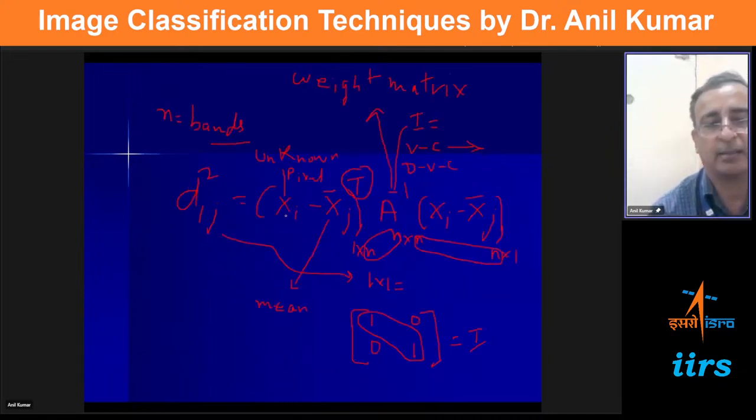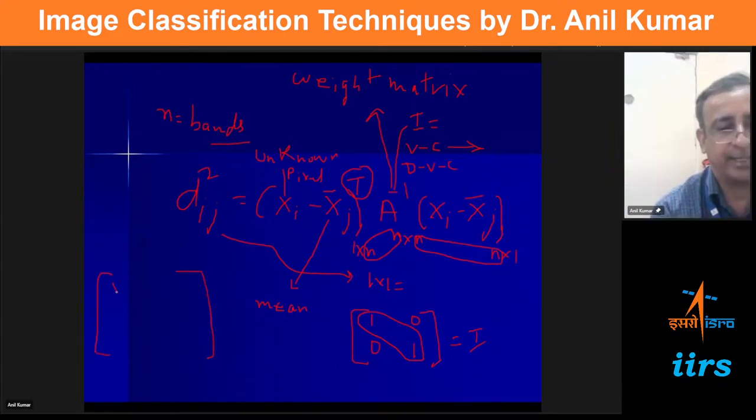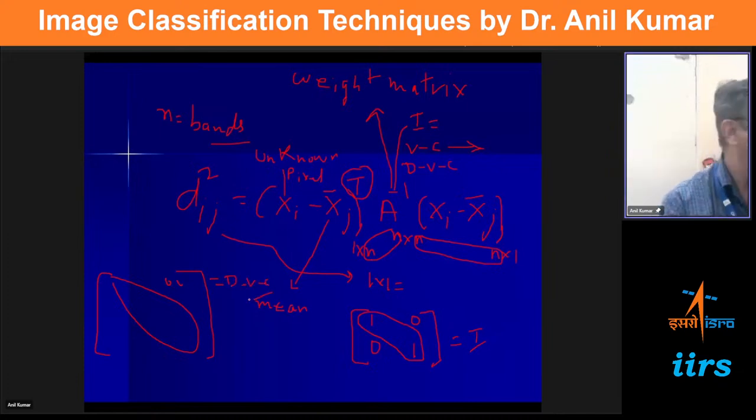Third is again a modified version of Mahalanobis, the diagonal variance covariance. If you have the variance covariance matrix and you take only the diagonal elements with the other elements 0, this becomes your diagonal variance covariance.